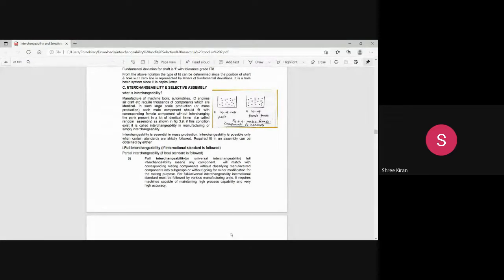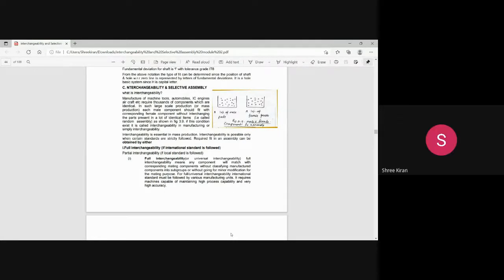Yesterday we were discussing about this, I hope you remember. Can you tell me an example yesterday which we were discussing for the case of limits and fits? Shahzad, can you tell me what we were discussing about limits and fits? Shahzad, are you available there? Sir, yes.